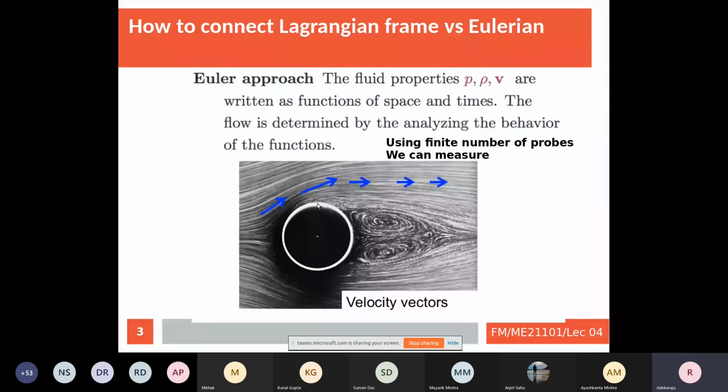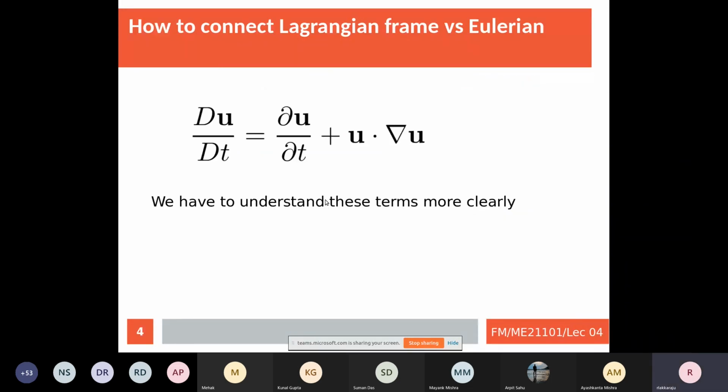If I measure any car's velocity at that particular time and space, we call that the Eulerian velocity or Eulerian approach. Okay?